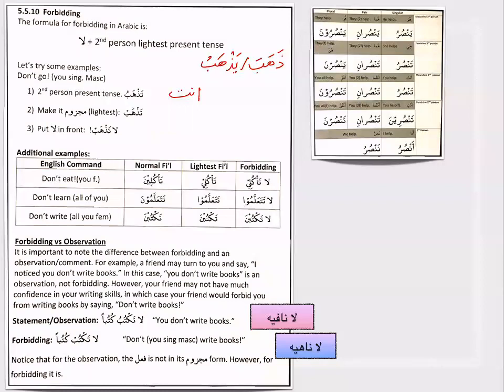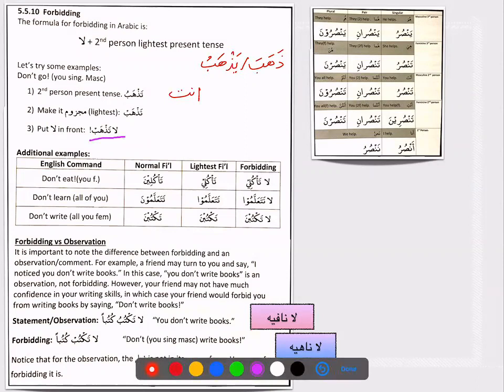So you have tazhab, you make it majzoom, and now you just add la beside it, and it will become la tazhab. So zahaba means you go, yazhabu, he goes, and la tazhab, you do not go. Okay, so this is how it works, and this is for our anta.